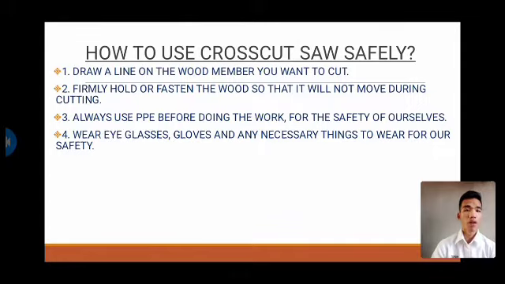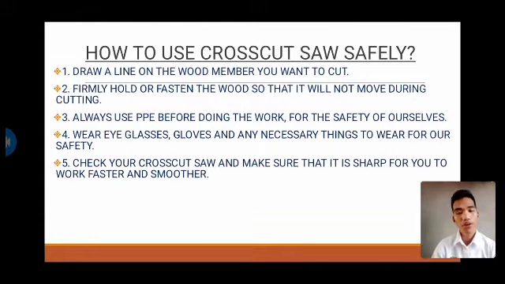Remember that our topic here is the crosscut saw, so I typed the specific PPE equipment for us to know which are very important. Those mentioned equipment are very necessary in the working place while using the crosscut saw. That is for our safety.